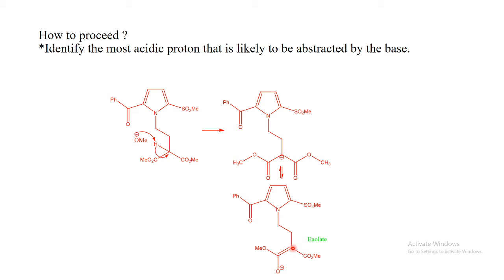So basically we can say that after the abstraction of the proton, we have formed an enolate, right? So after the formation of the enolate, there are two possibilities in which this reaction can proceed.